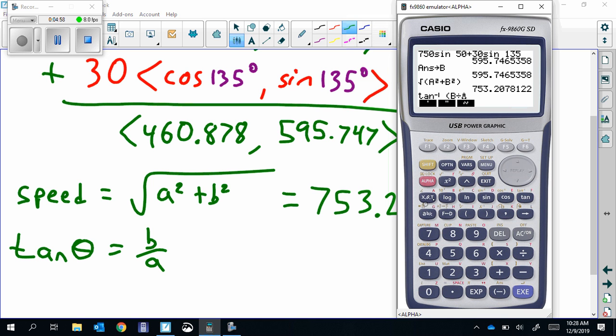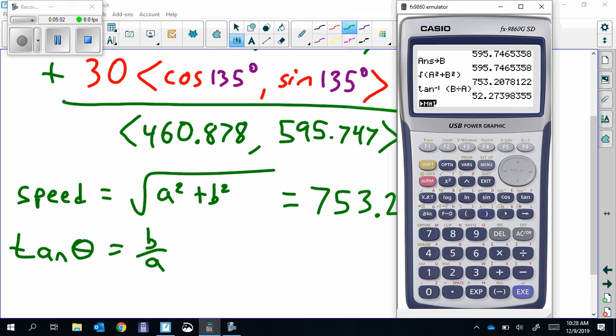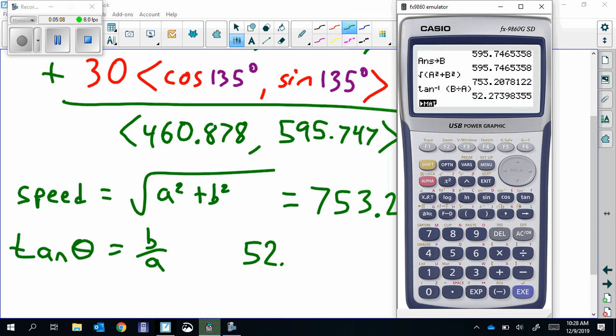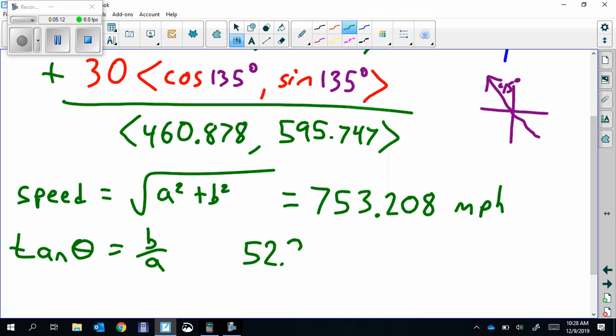B over a. So our standard position angle is 52 degrees. 52.3, we'll just round to the nearest tenth. So standard position angle is 52.3.